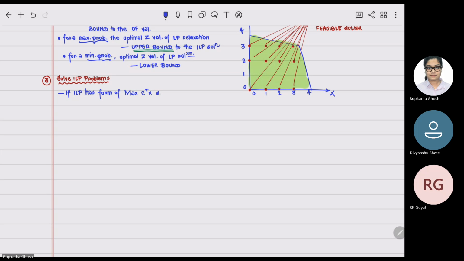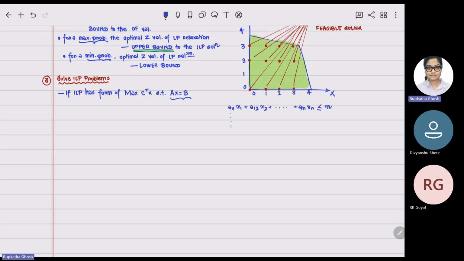So if your ILP has the form of max an objective function such that AX is equal to B. See, usually using AX equal to B only, you represent all your constraints, right? You have something like A11 X1 plus A12 X2 plus dot dot dot plus A1n Xn less than or equal to some value.